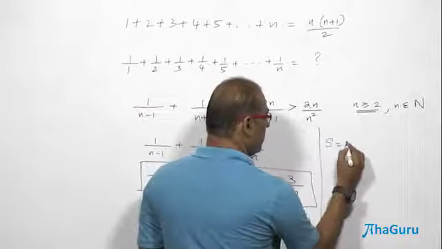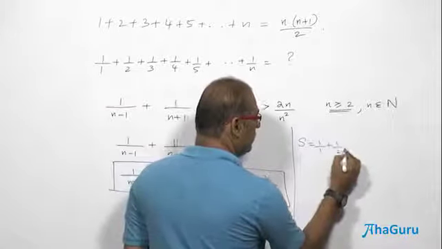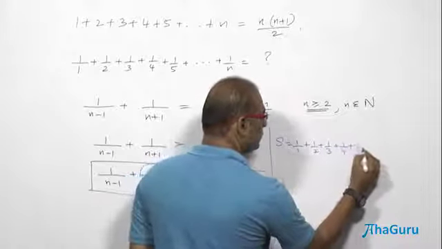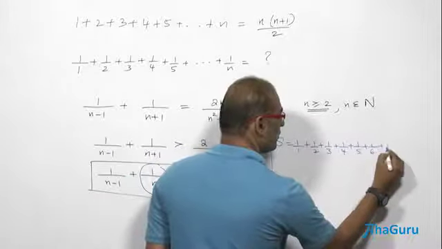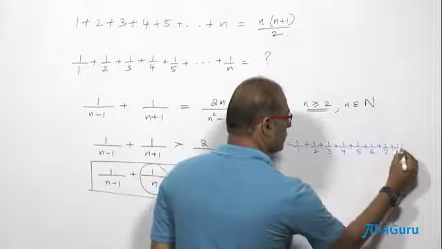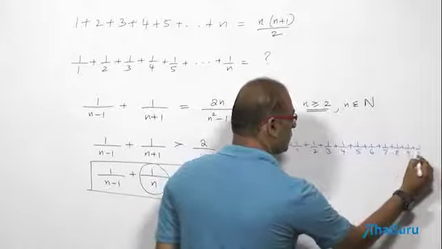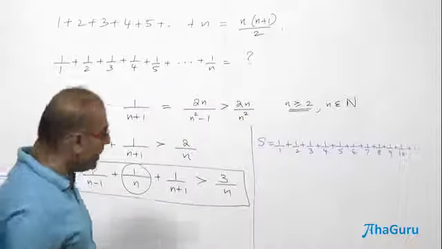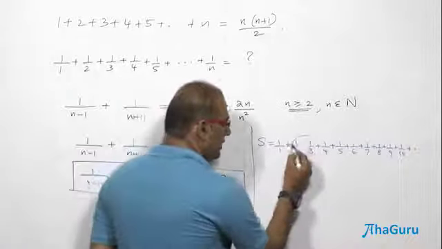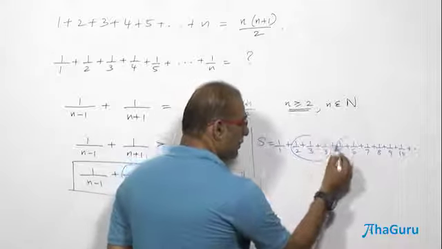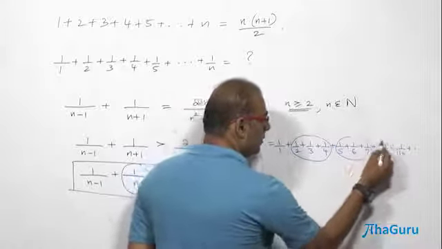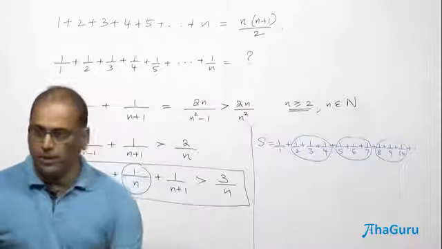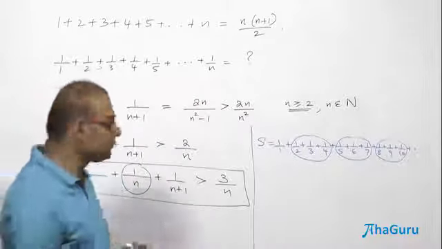My S is going to be 1 by 1 plus 1 by 2 plus 1 by 3 plus and so on. I am going to take these 3 together, and so on. The first one will be 1, correct?